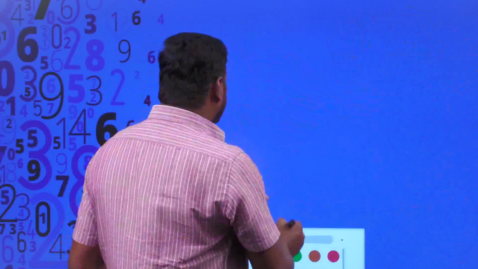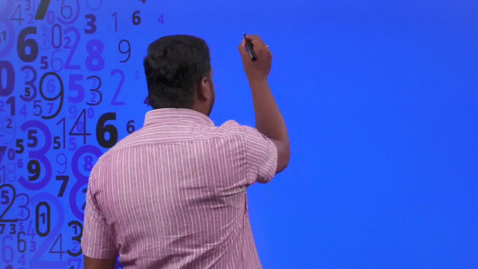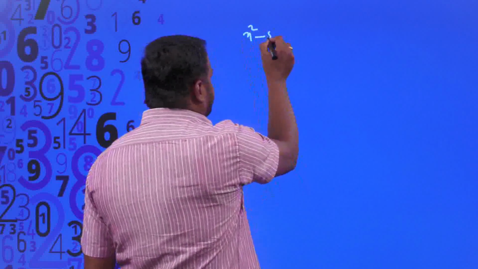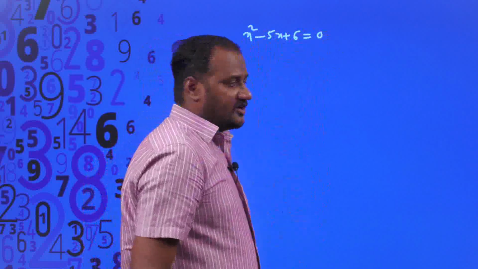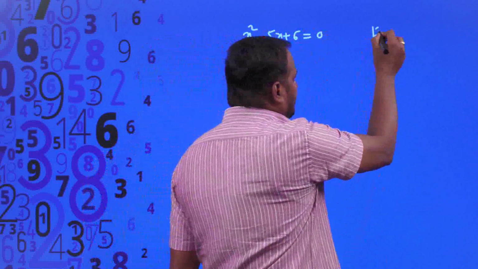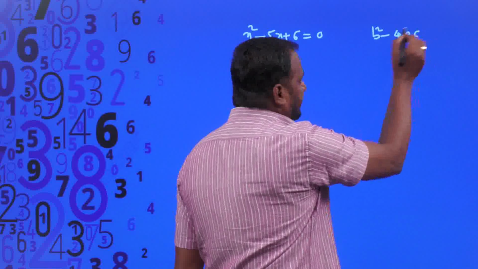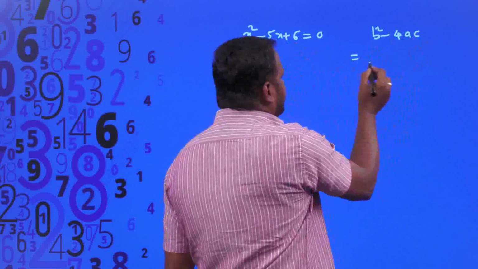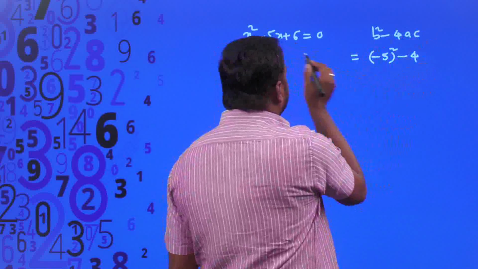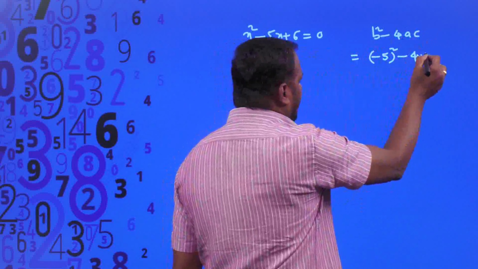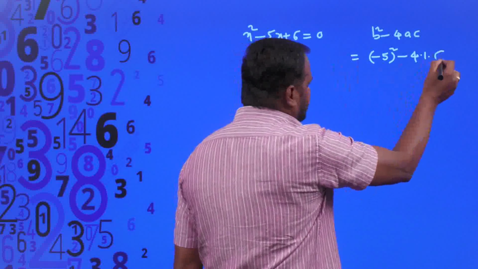So the first equation is x square minus 5x plus 6 is equal to 0. Now finding the value of b square minus 4ac, the value of b here is minus 5. So minus 5 whole square minus 4 times a into c. A is going to be 1 and c is going to be 6.